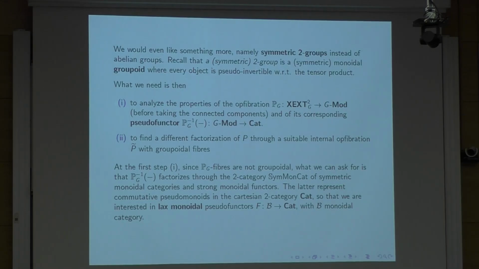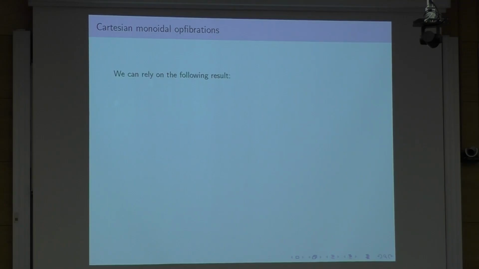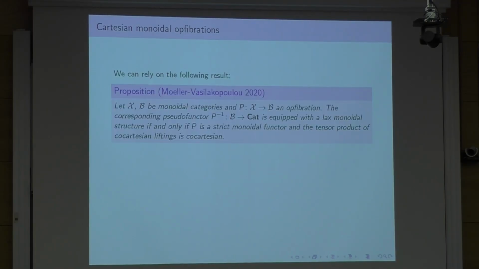Because we can rely on this result by Mulder, Vasilakopoulou, Coppola, Cristina, from 2020, and they found out that if you start with an opfibration between monoidal categories, then the corresponding pseudo-functor is equipped with the lax monoidal structure if and only if P is a strict monoidal functor, and the tensor product of two cocartesian liftings is cocartesian. So the tensor product preserves cocartesian liftings.